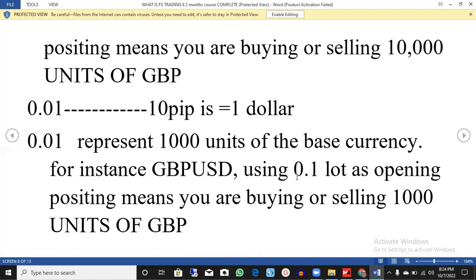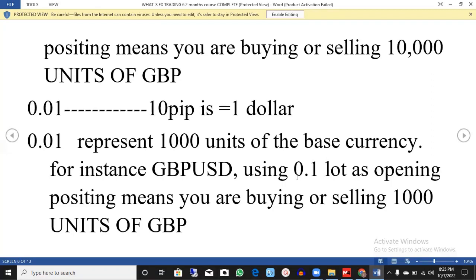Let's say, for example, you have an account of $100 or $1,000, and you're trading with 0.1. It simply means you are buying more than you have in your equity. If you have $1,000 and you open 0.1, you are trading your account by 10 times. If you have $100 and you're opening 0.1, you're trading your account by 100 times.